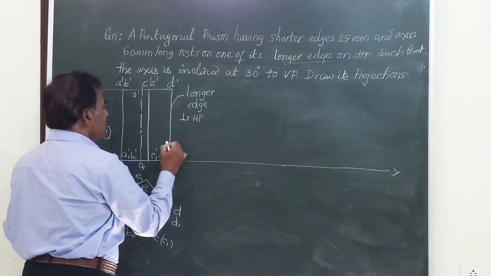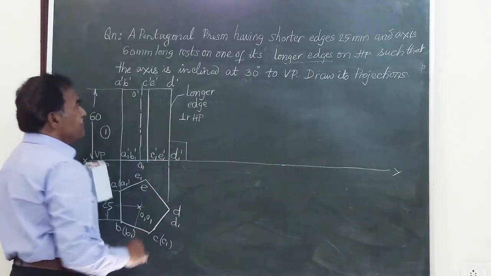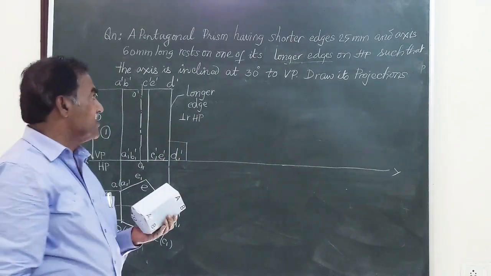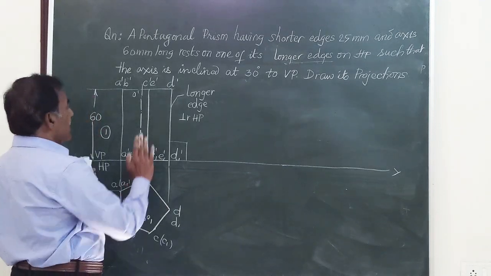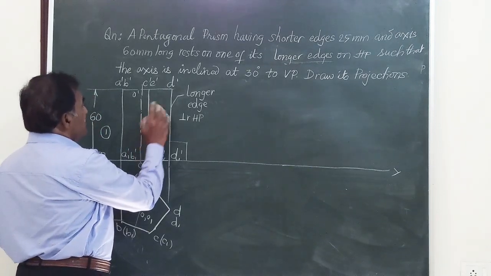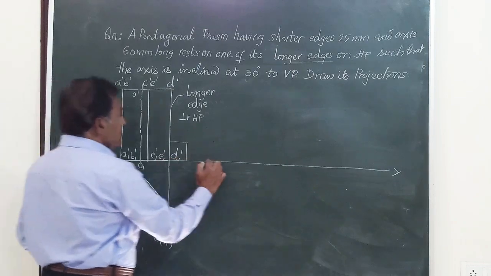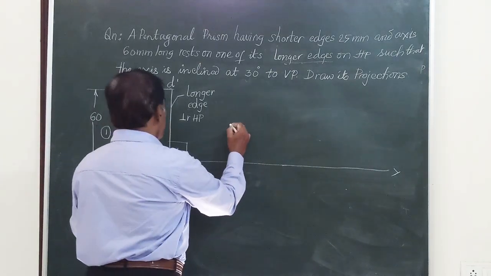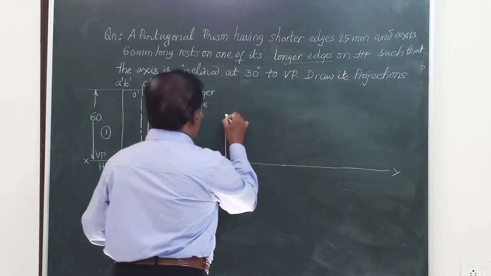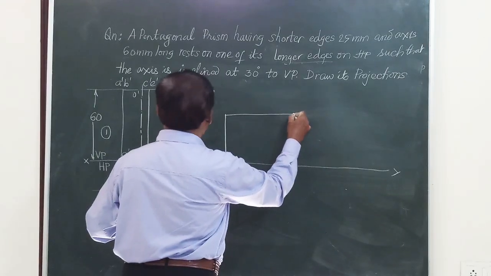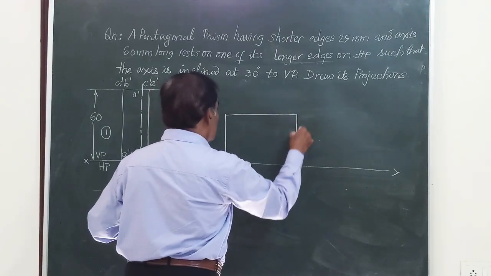It is at 90 degrees to HP. But it says in the problem, it has to rest on one of its longer edges. So I have to redraw this figure such that D dash D1 dash rests on XY and obtain the corresponding top view. So I am going to redraw this figure as just a rectangle here.